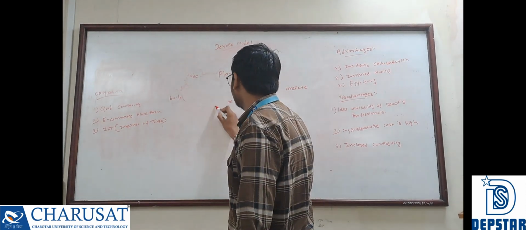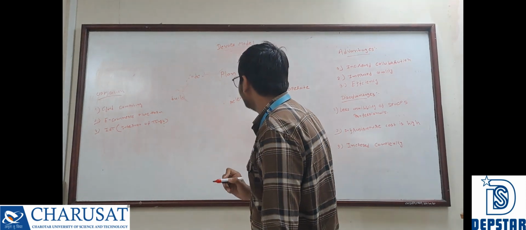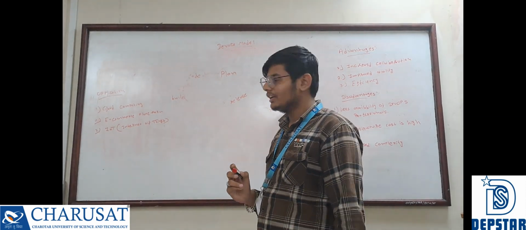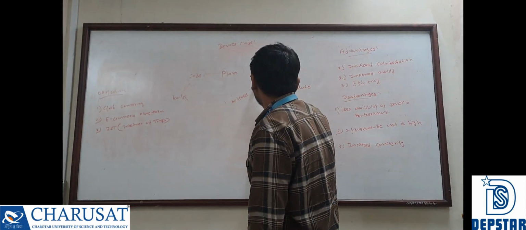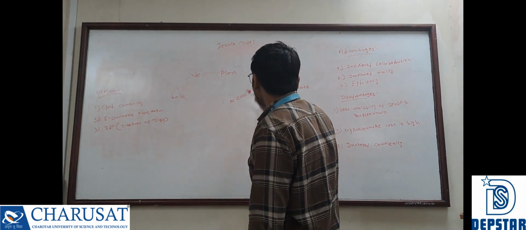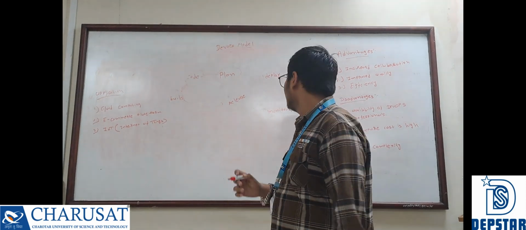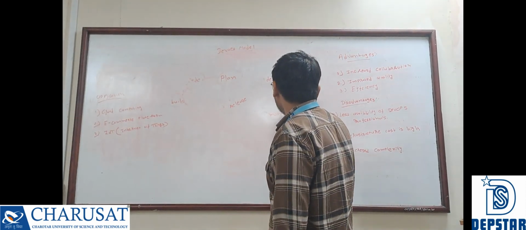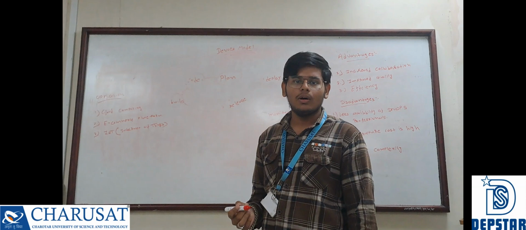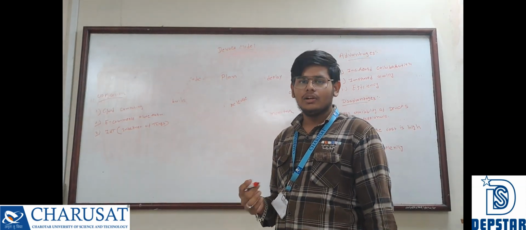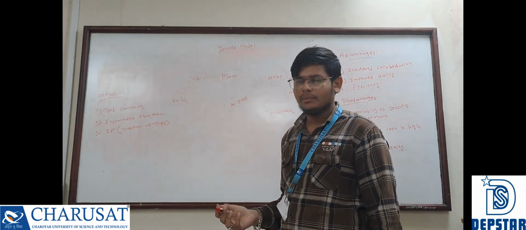Then the next thing is the release. The development team releases that application, and the next thing is deploy. The development team deploys this application, and then operate. The operation team operates this application and handles any query in this application.